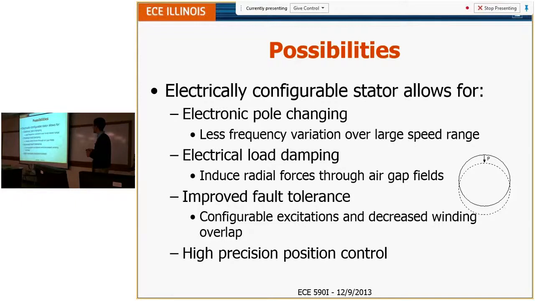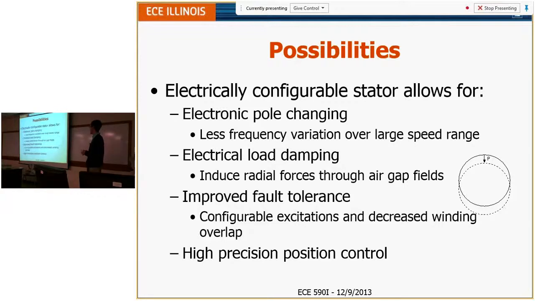Another thing which I think is pretty interesting is electrical load damping. Whenever you have magnetic fields that are rotating inside a machine, you're going to have forces in the tangential direction, which is causing torque, but you're also going to have forces in the radial direction. It'll cause noise, which you know that, over in the lab. You're going to have vibrations, which is the radial forces of the pressure inside the air gap.